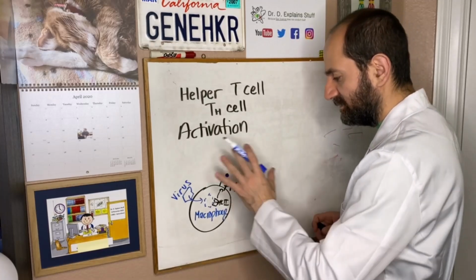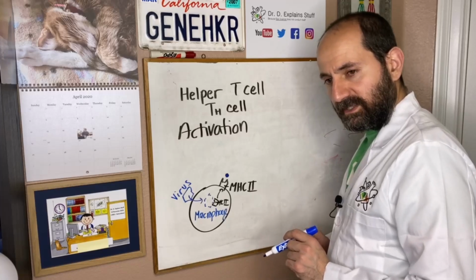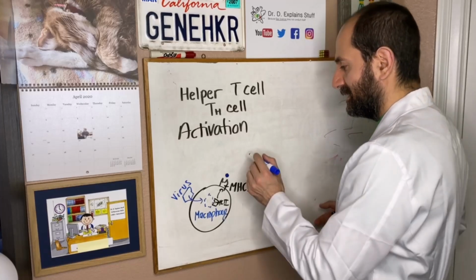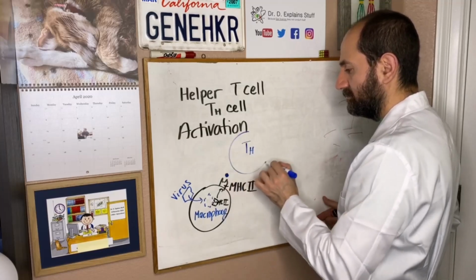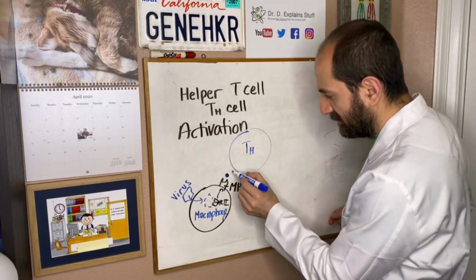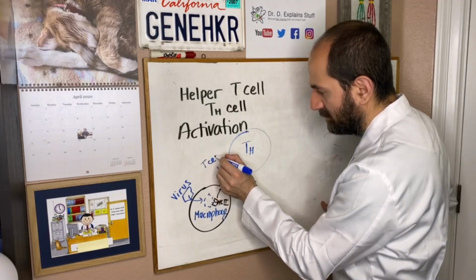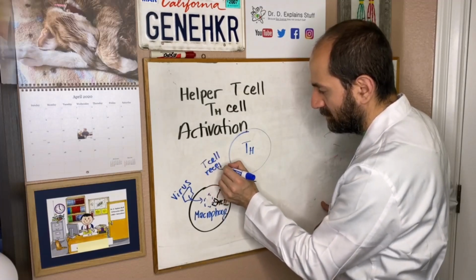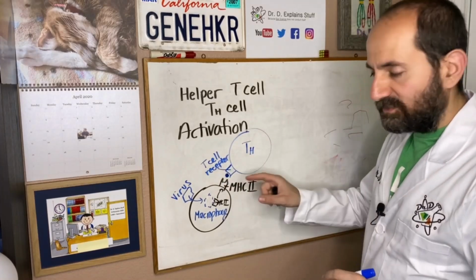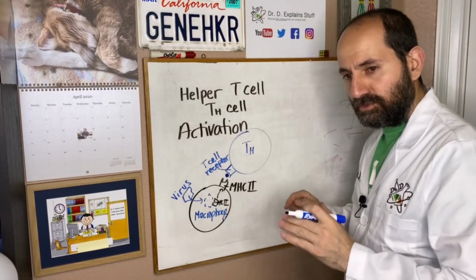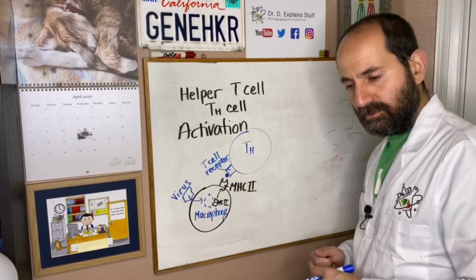And what recognizes the antigen presented by MHC2 on your professional antigen presenting cells? That's right, your T helper or helper T cells. It's the helper T cells that have, let me show you here, a T cell receptor that recognizes foreign antigen specifically presented by your professional antigen presenting cells by MHC2, okay?